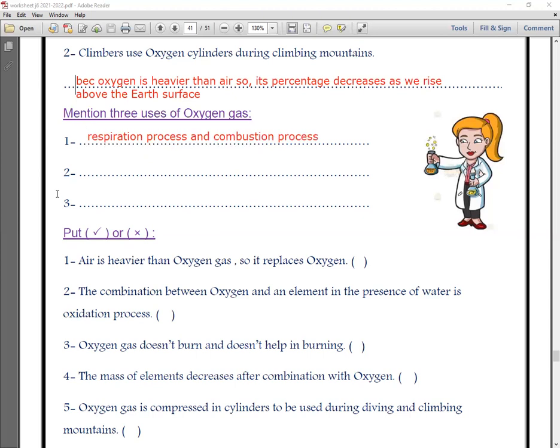Number 2, oxygen gas used in formation of water and ozone molecule.